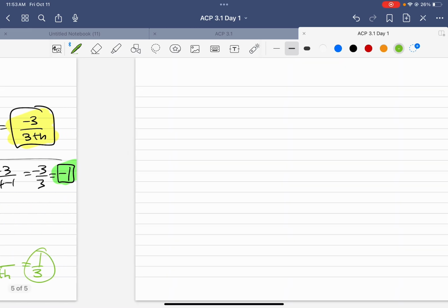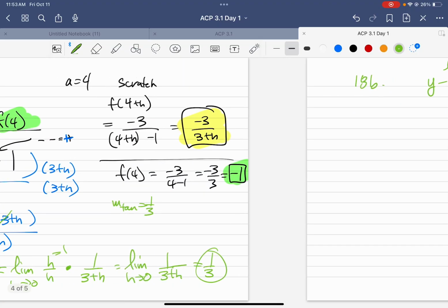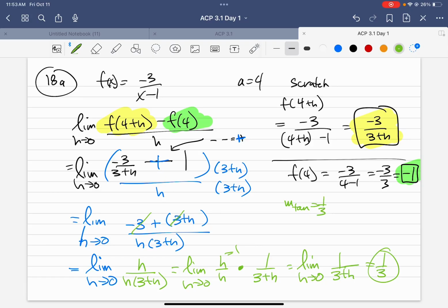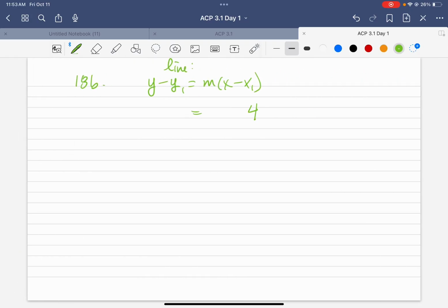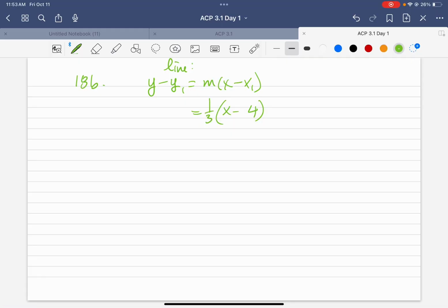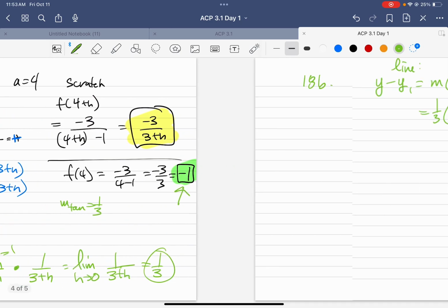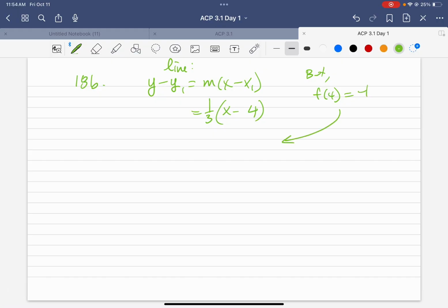So if I come over here and I do 18 part B, then I want the equation of a line, and the equation of a line is y minus y1 is equal to m times x minus x1. And we found out that at the point x equals 4, we know that the slope is 1/3, but we also know that f of 4, over here we found out that f of 4 was equal to negative 1.